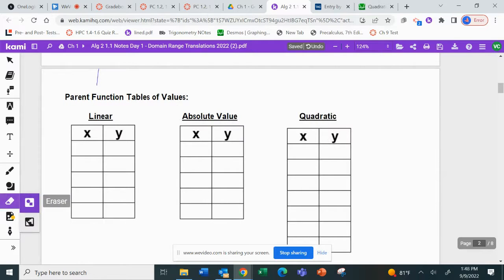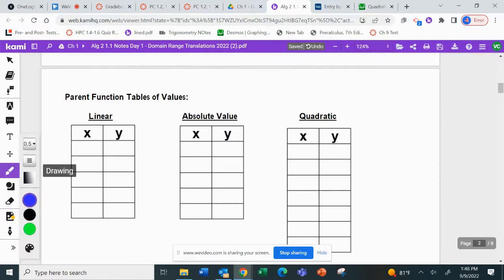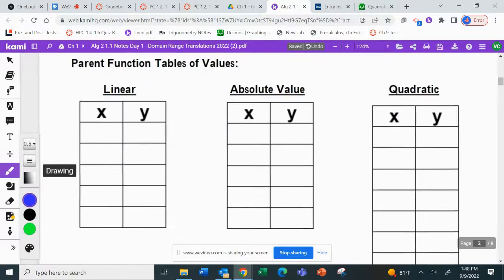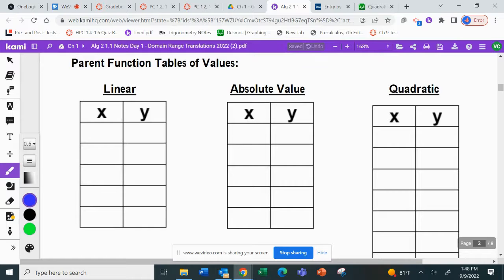When we make tables of our parent functions, we're going to specifically use points that make it very convenient for us to graph. I'm going to give you those points that we're going to use. On a quiz, if I said what points are the values that you're going to use for linear, you should be able to type in the right ones.